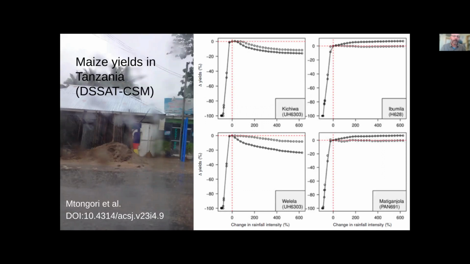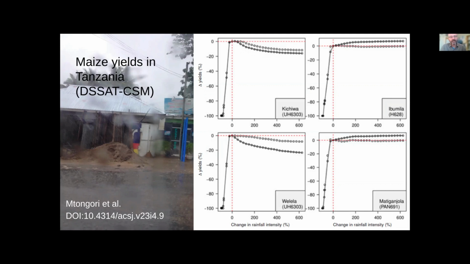So this example shows a case for the maize fields in Tanzania, where the results are based on DSSAT-CSM, and it was Habiba Montgomery who did this study, and you can see here she changed the rainfall intensity and then looked at how that affected the crop yields.